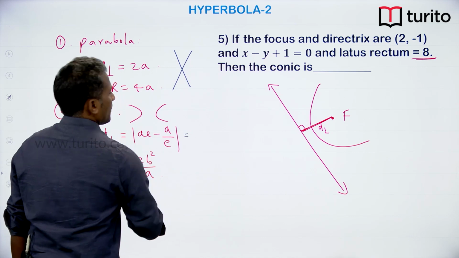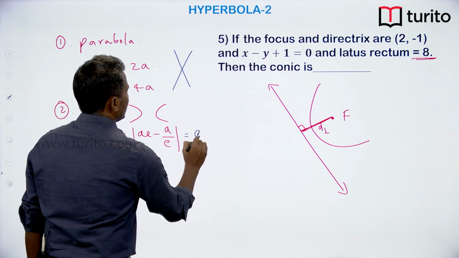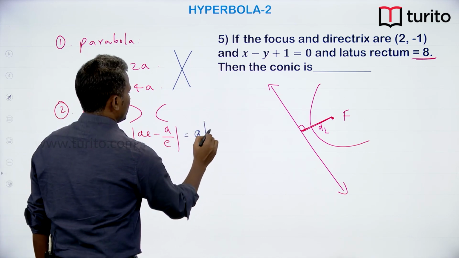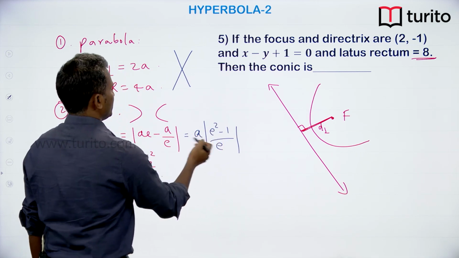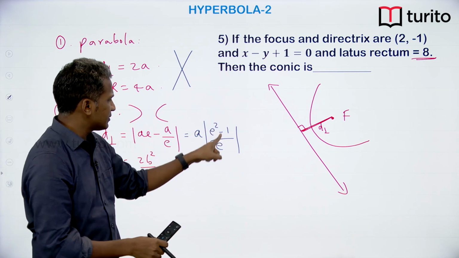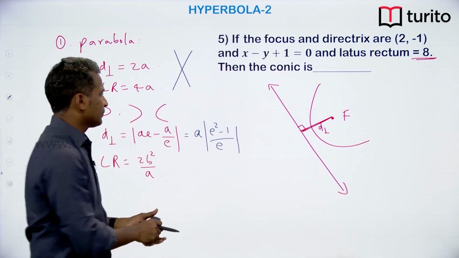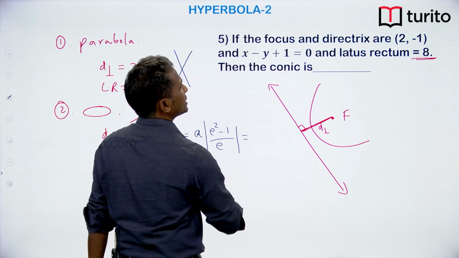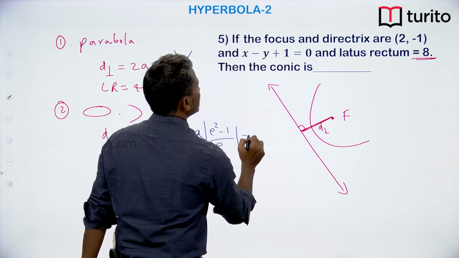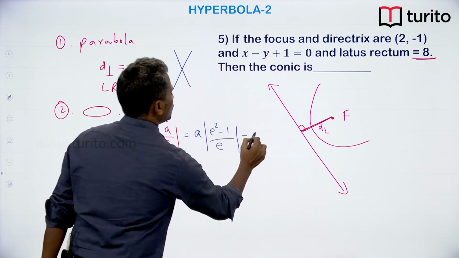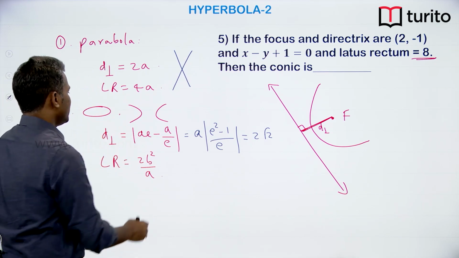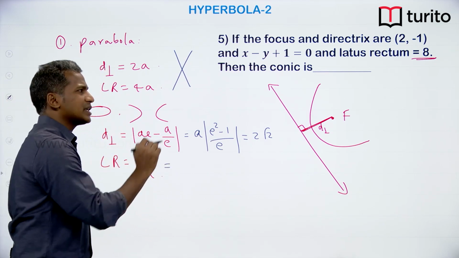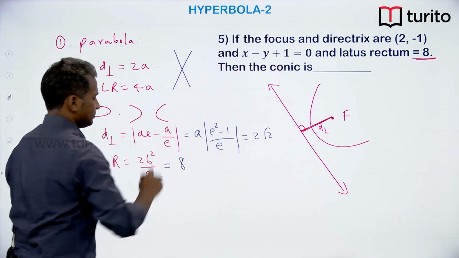Here we can get mod of e square minus 1 by e into a, mod of e square minus 1 by e into a must be equal to, what is the value? Value is 2 root 2, this we have derived earlier, and here 2b square by a must be equal to 8.